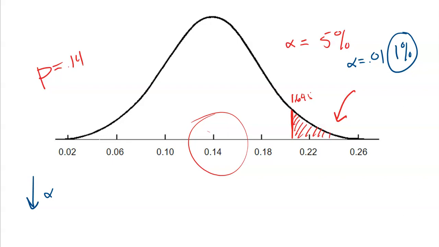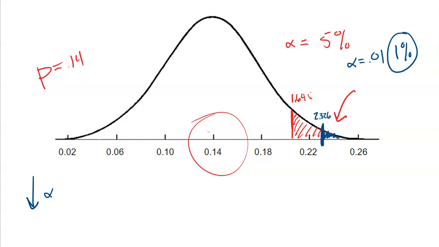So again, if you grab a table or grab your TI-84 calculator and do an invert norm of the bottom 99%, the top 1%, that's a Z-score of 2.326. So somewhere right around here would be the rejection zone. A Z-score of 2.326 or higher would cause us to reject.